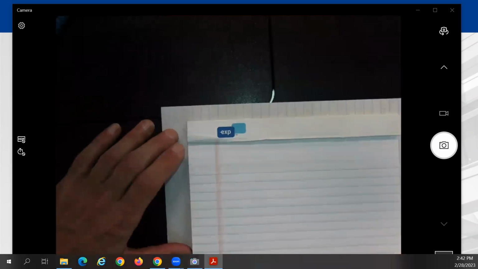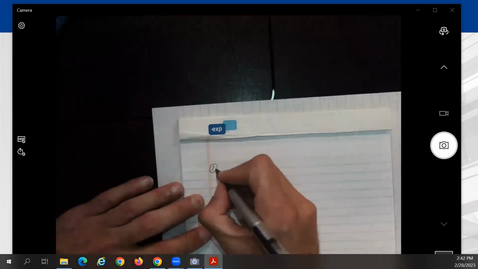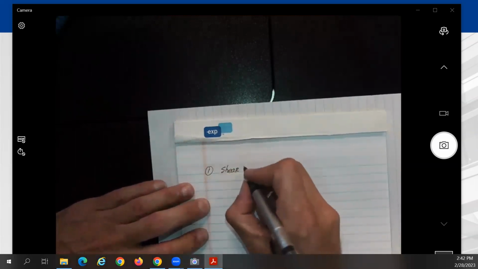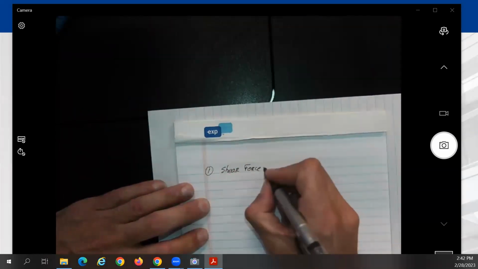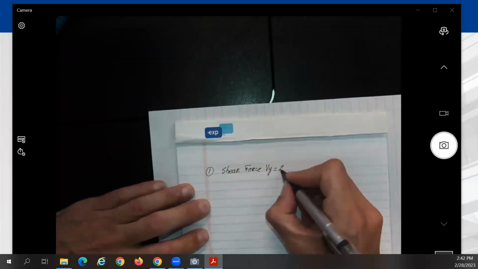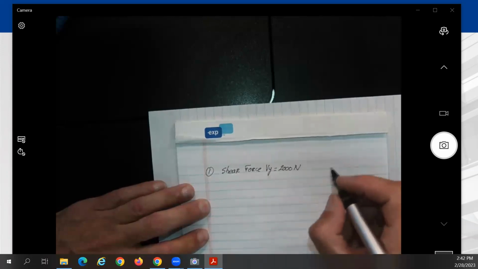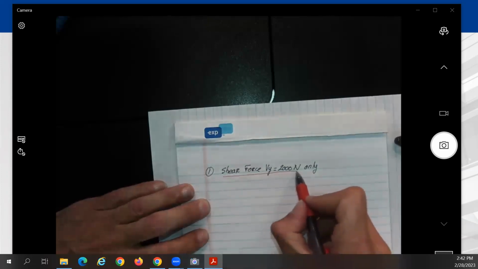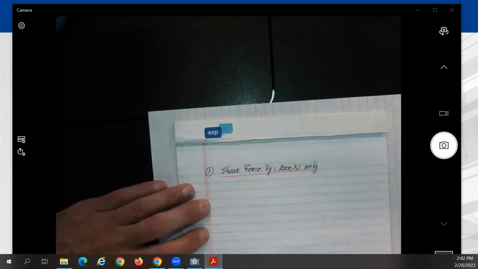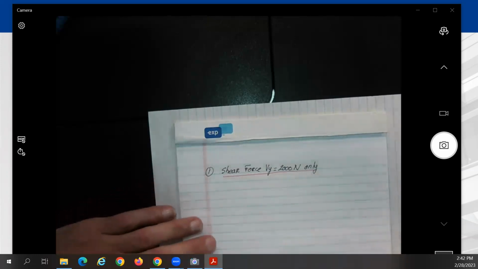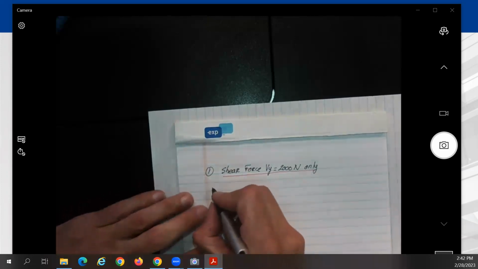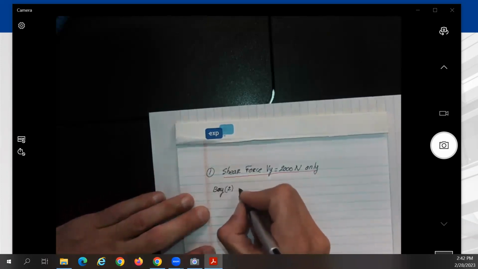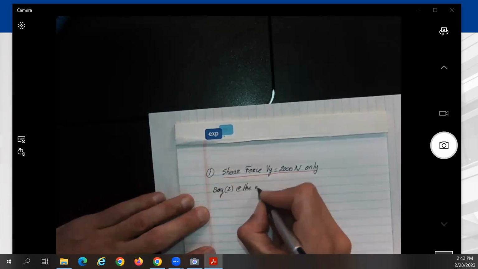All right, so we're going to do part 1, which is we're just going to study the shear force Vy equal to 2000 newtons only. Okay, so we say here bay 2. We're going to start at bay 2. Let's say the tip at the end.